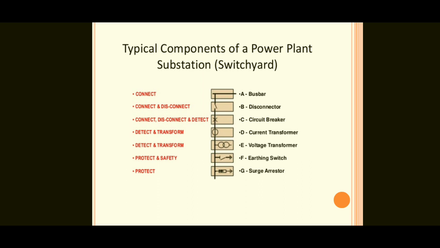Next one, detect and transform, but it is the voltage transformer. Next, protect and safety. Here, earthing switch. Protect, surge arrestor. So these are the typical components of a power plant substation, switch yard.